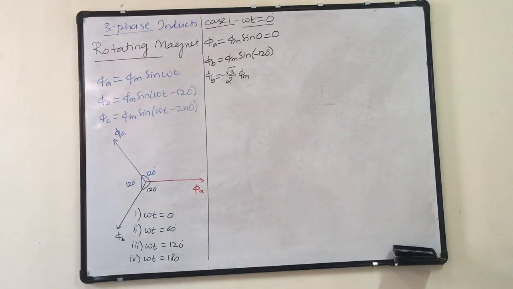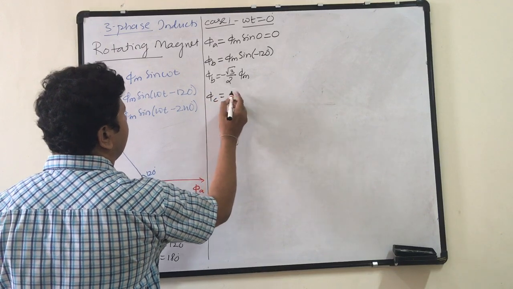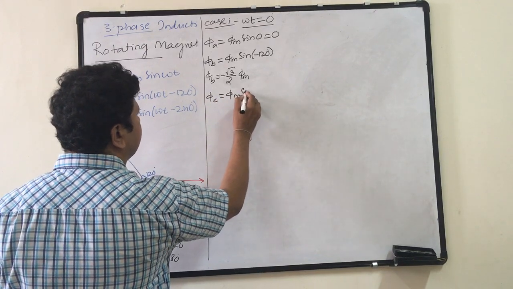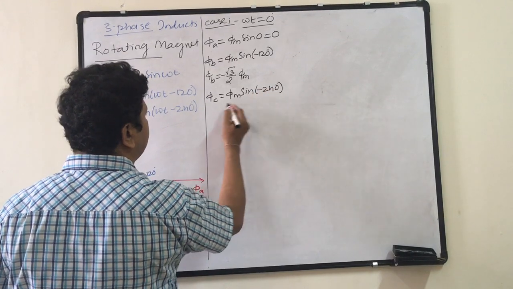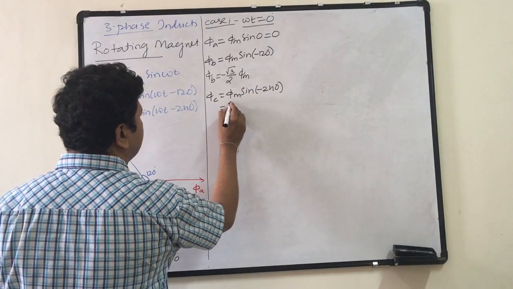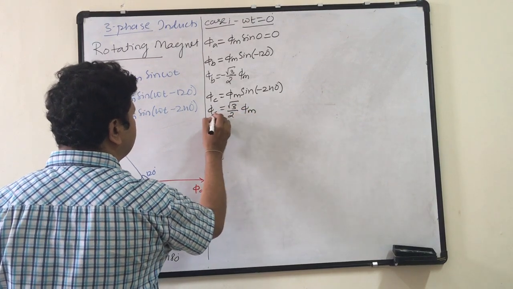Minus root 3 by 2 phi m, is it? Sin of minus 120, yes, minus root 3 by 2 phi m. Then phi c equals phi m sin minus 240, it will be plus root 3 by 2 phi m.